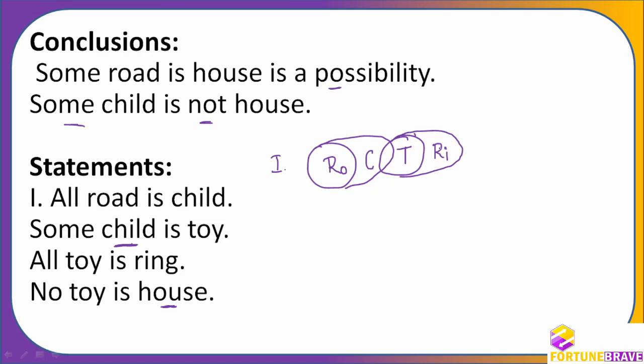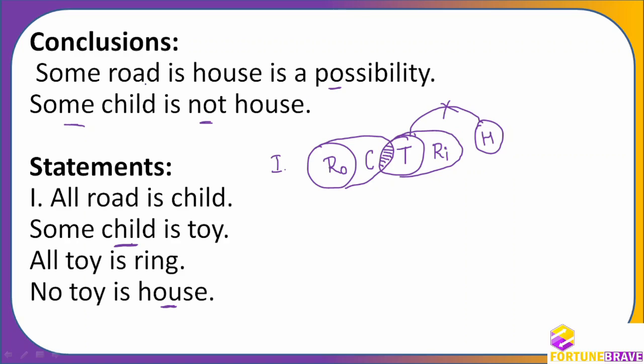No toy is house is coming. So I am going to put house here, with no toy is house. Let us see, "some child is not house" is true, because this part which is inside toy is child, which cannot go into house. So this follows here.